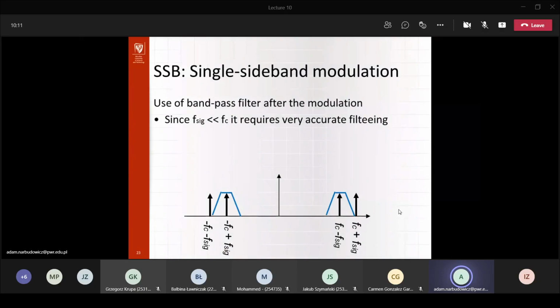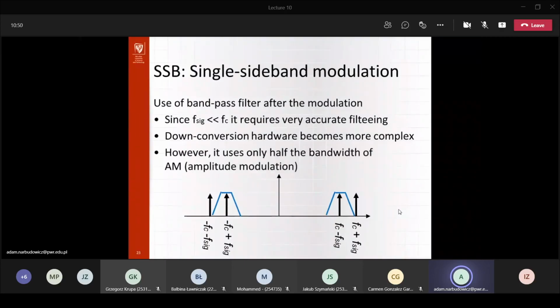It works, but because our signal frequency is much smaller compared to the carrier frequency, we would need very accurate filtering, which, especially if you think about all the Doppler shifts that can occur, is not necessarily the best way, although it's possible to do it this way. So you probably need high order filters with very steep filtration slopes. That's one way. That results in, of course, the down conversion becoming more complex.